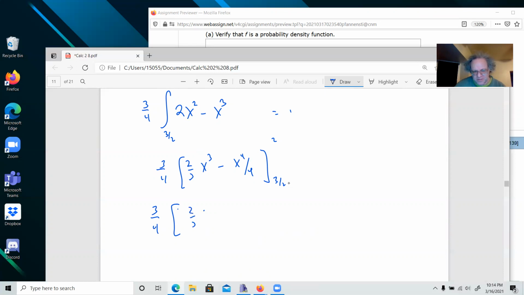Okay, this is going to be 2 to the 3 minus 2 to the 4th over 4 minus 2/3. Notice the 3/4 is on everything. And then we have 3/2 cubed, minus 1/4, 3/2 to the 4th.